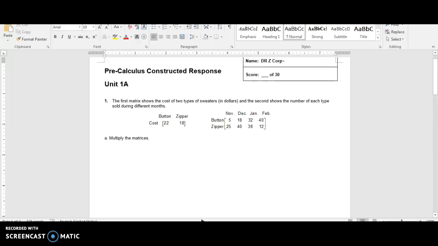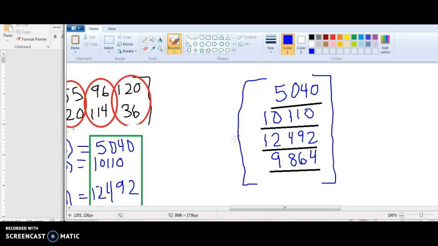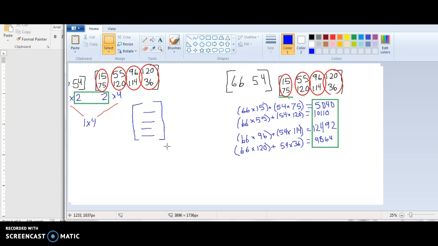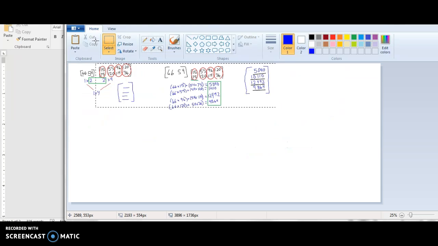So now that we have finished that, all you have to do now is select a picture here. This is if you're going to do it the same way I'm doing it.